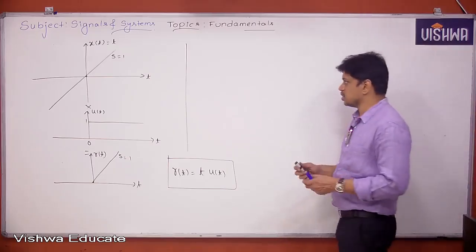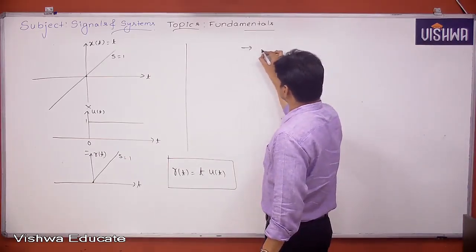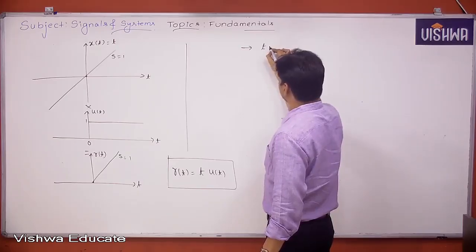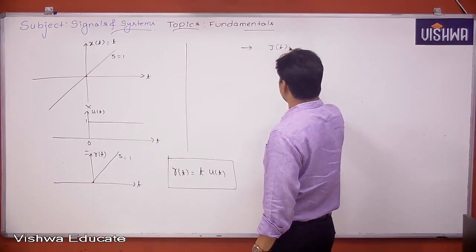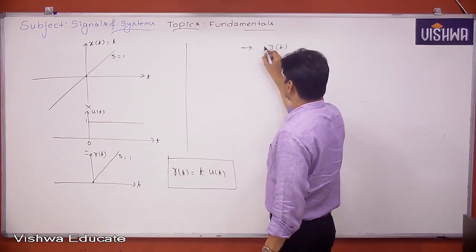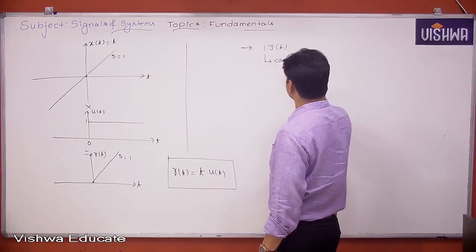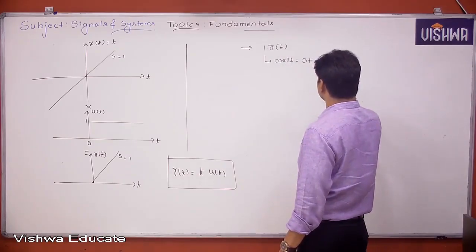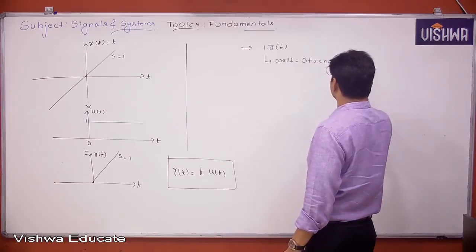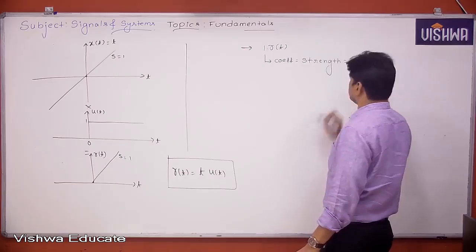How to understand one thing: strength again. If I write t u of t, or we can write r of t, r of t means t for t greater than 0. What is the coefficient here? The coefficient, which is the strength, is 1, which indicates slope.